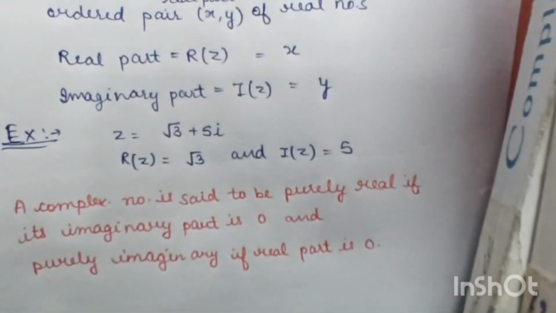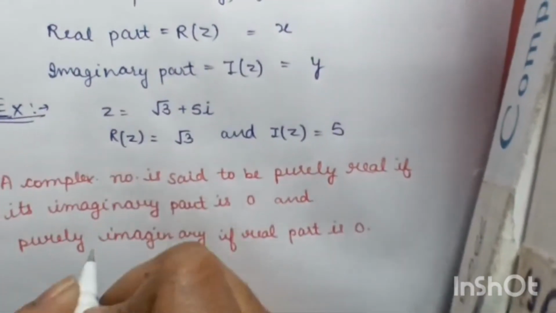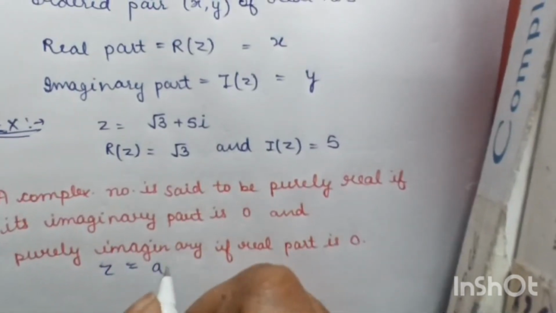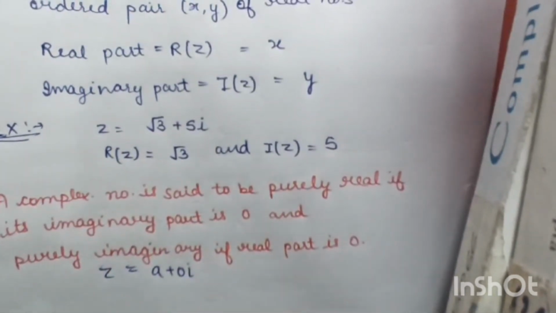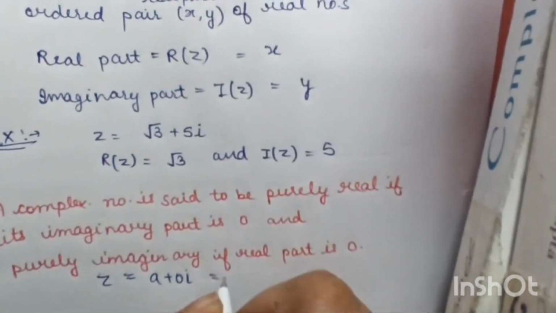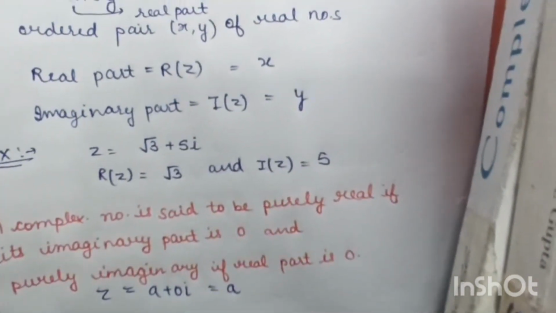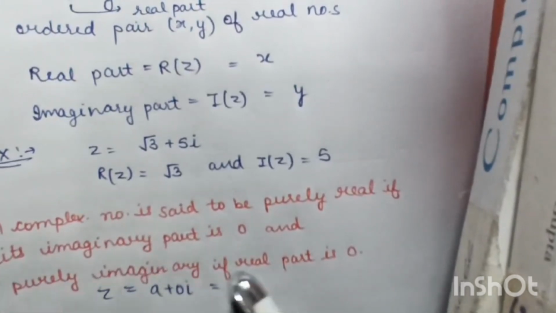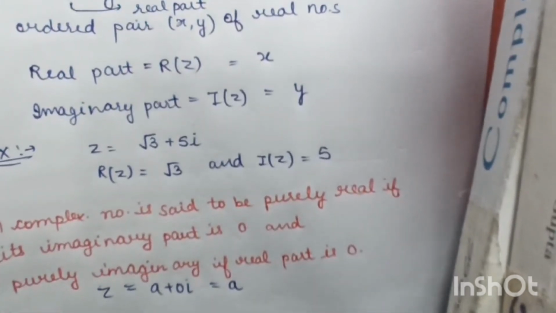If we have z equals a plus 0i, then we will simply retain it as a, because its imaginary part is 0, that is, it is purely real. This is the example we can write.